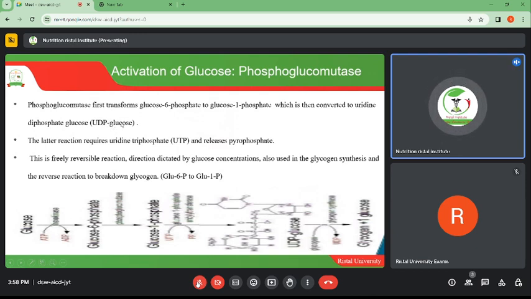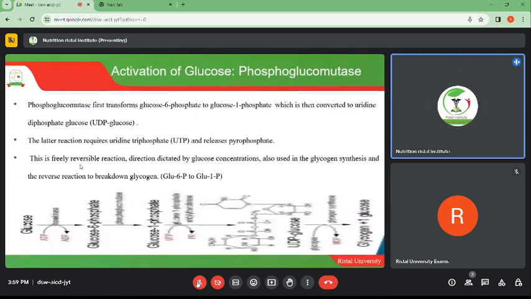A phosphate had been on the glucose 1 phosphate. So with one of the phosphates also on the UDP, it releases a molecule called pyrophosphate. Pyrophosphate is basically two phosphate groups that are bonded together. This reaction, however, is freely reversible, and its direction is dictated by glucose concentration.